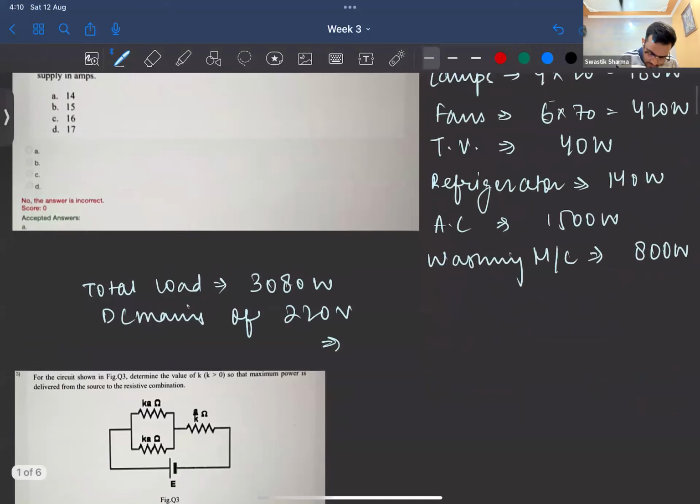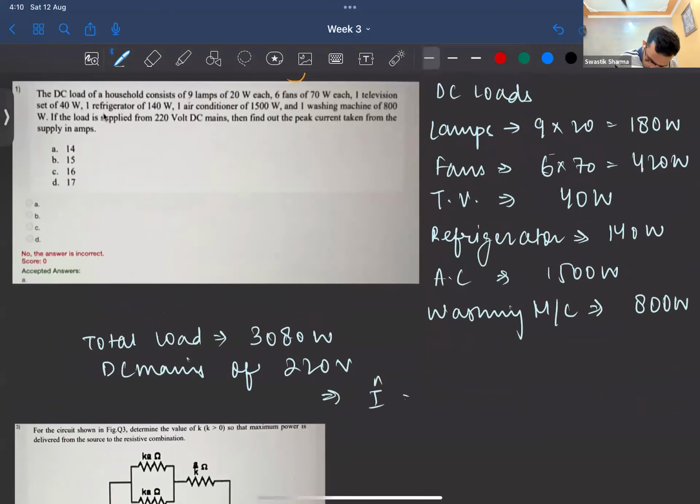How will we calculate the peak current? We know the total wattage and the voltage of the DC mains. Since it's a DC load, it is wattage by voltage, correct. So it comes out to be 14 amperes. So A is correct.